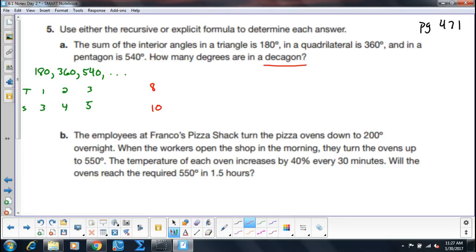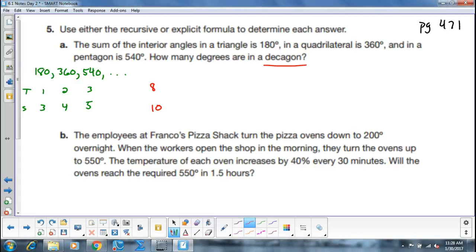If I use positive 180 as my a sub 1. Now, I could also use positive 180 as a sub 3 and go backwards. If I'm adding 180 to get the next term every time, to go backwards I would subtract 180. So I could subtract 180 twice to get that first term of negative 180.